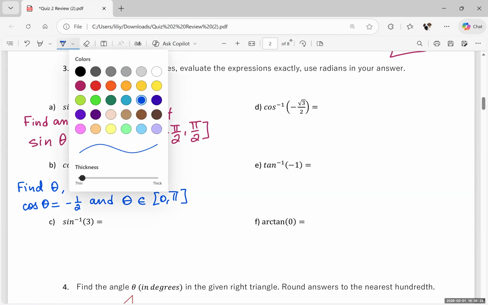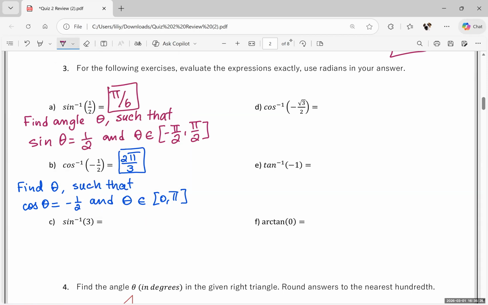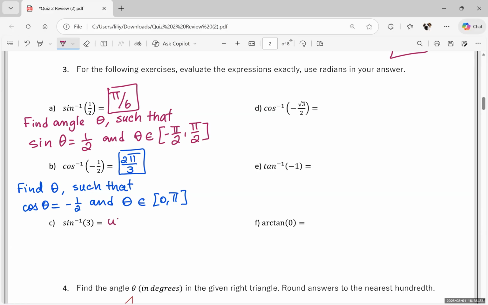Okay, now inverse sine of 3. This is going to be undefined, and that is because 3 is not inside the domain of the function.